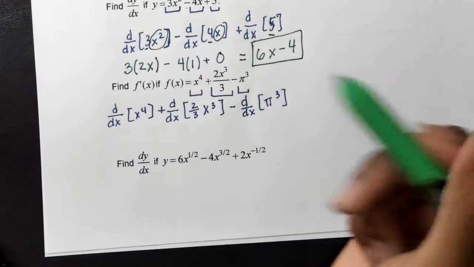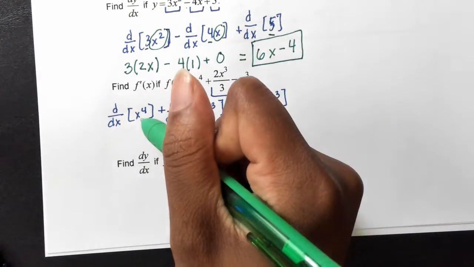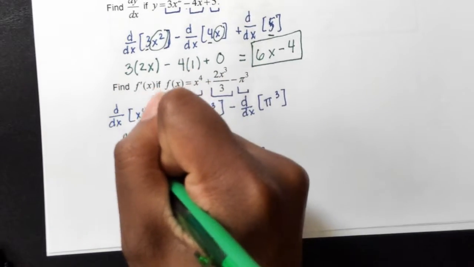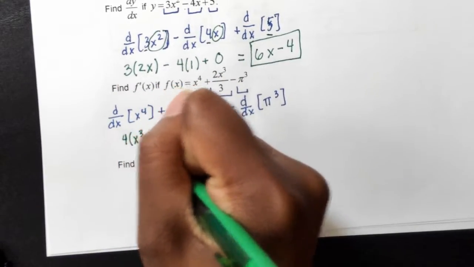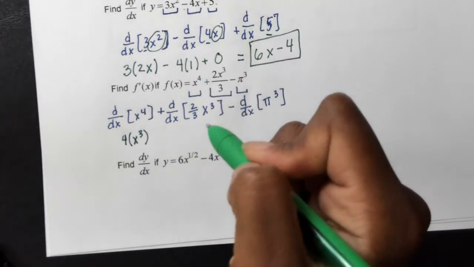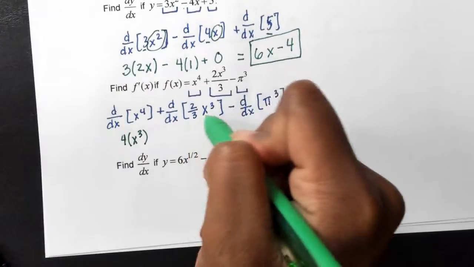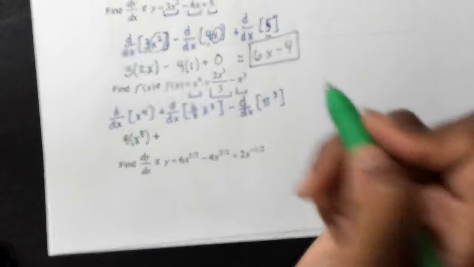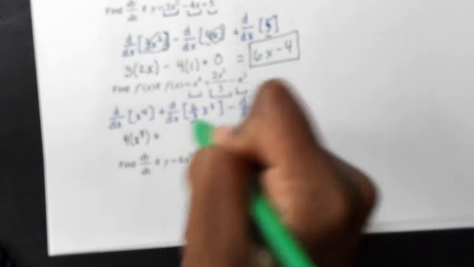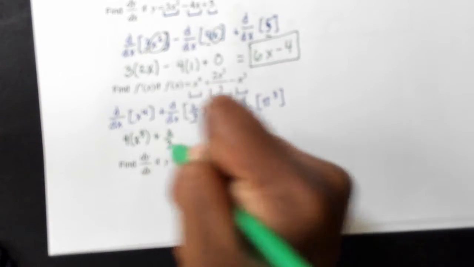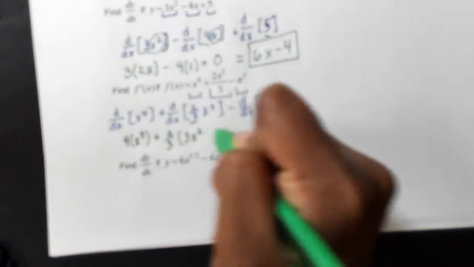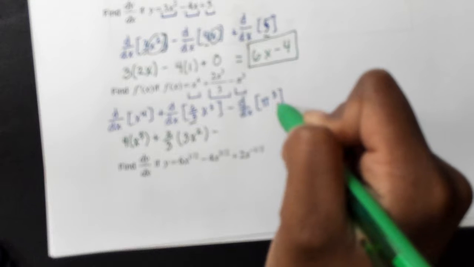So again, using our differentiation rules, we know that the derivative of x to the fourth, just bring down the 4, multiply by x cubed. And then the derivative of 2/3 times x cubed. Again, 2/3 is our constant, so we'll bring that up front, and we'll multiply that by 3x squared. And then we'll subtract the derivative of pi cubed.